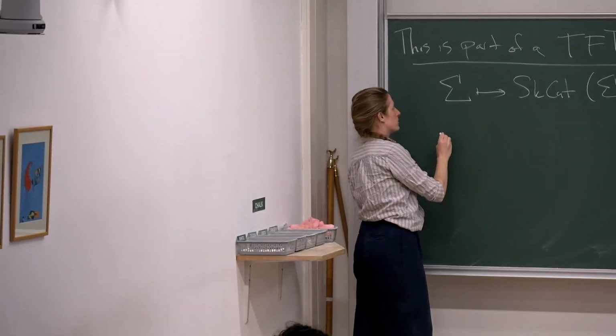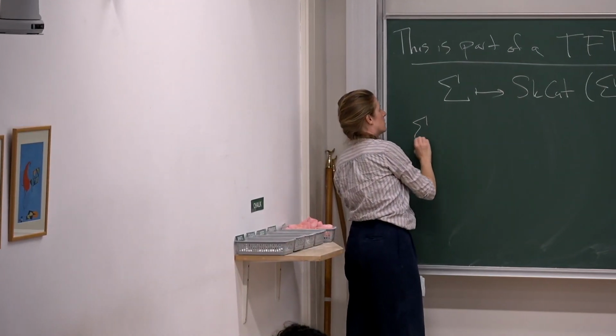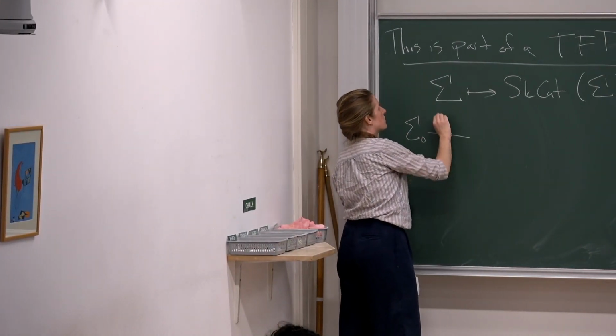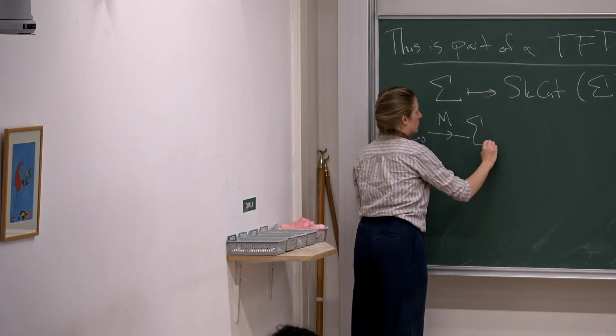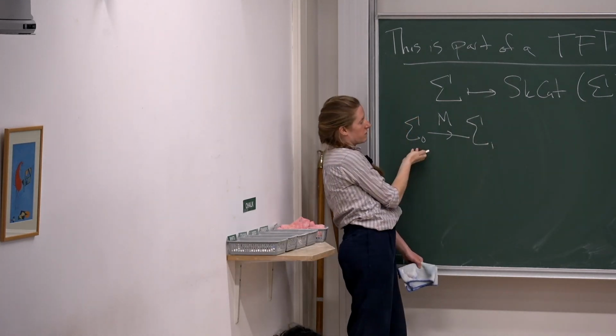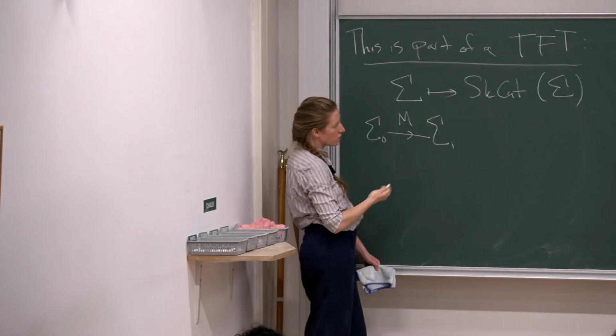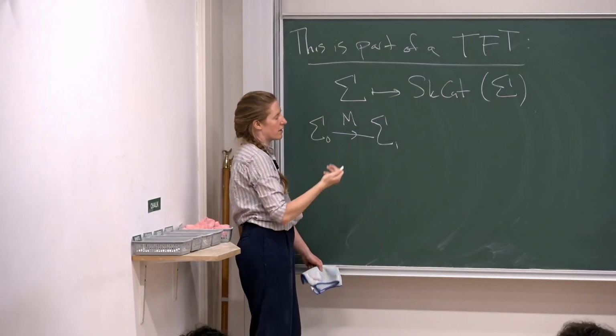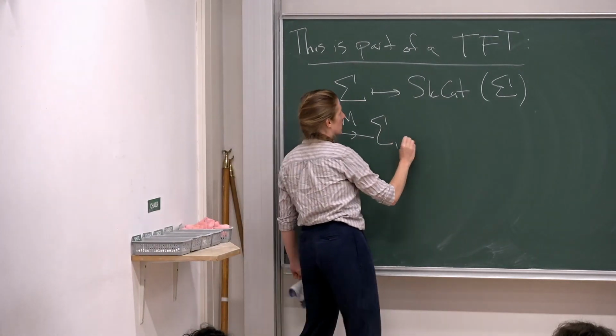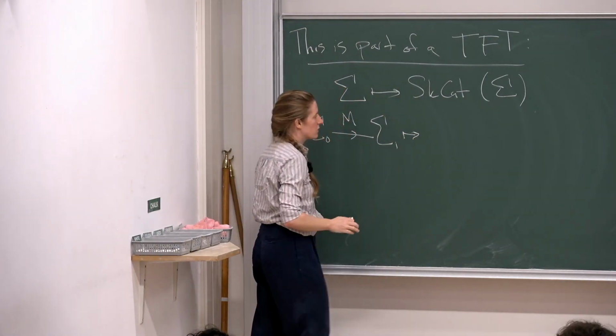And if I have some cobordism, so some three-dimensional manifold, and I've told you part of its boundary is incoming and part of its boundary is outgoing, well, I need to give you something for that.